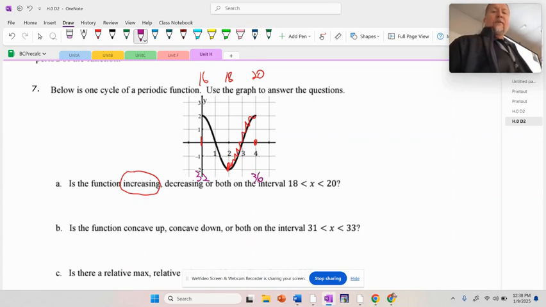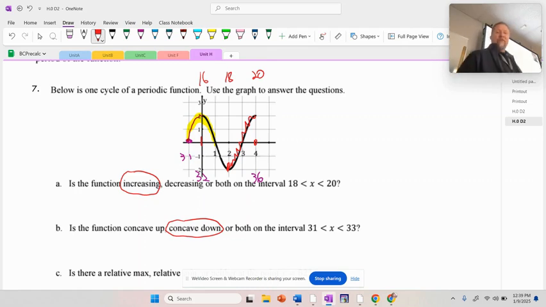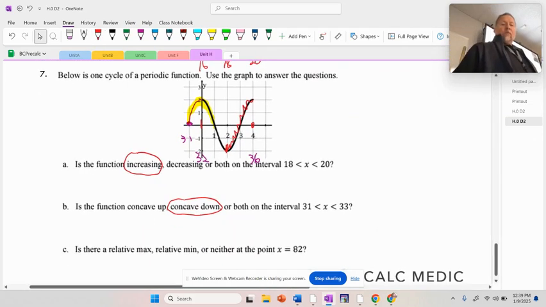So we might have to complete this graph a little bit and understand that 31 is right here, right? This is how we kind of cheat, so we're not going to graph this out to 32. We imagine this is what's going to happen at those intervals. Okay, then what's the concavity from 31 to 33? What's that concavity? You're killing me. Down. It's a bowl shaping down. So it's definitely definitive.